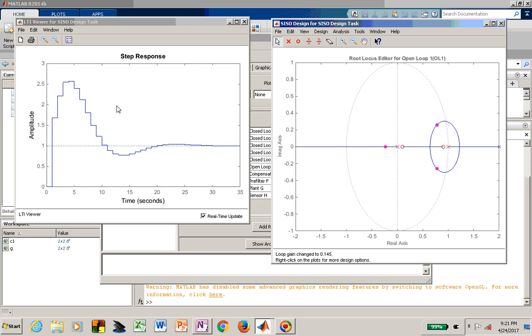Now you can see that I do have a stable closed loop system for this PID controller, and I can start to adjust these maybe to a more acceptable location, maybe at 0.7 plus 0.2. And as I'm adjusting that, you can see that I'm influencing the step response.